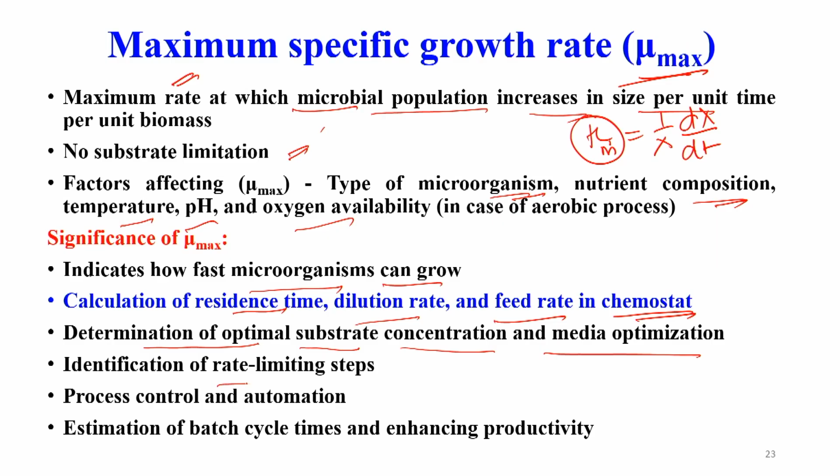One can identify the rate limiting step. Further, once you know this kinetic parameter, it enables better process control and automation, and in case of batch, it enables calculating batch cycle time and enhancing the productivity.